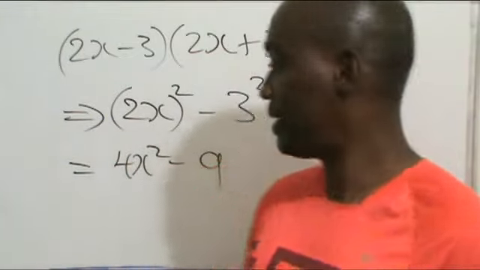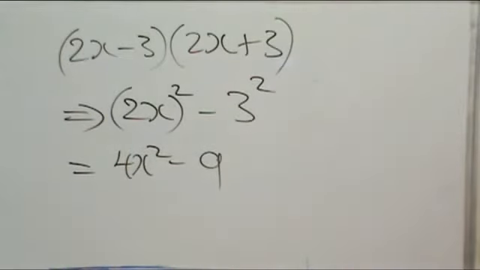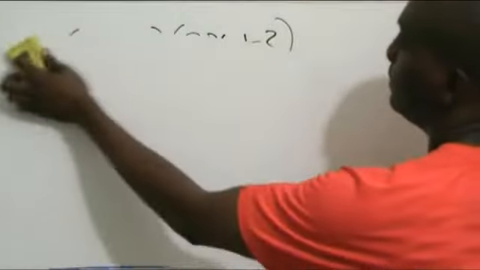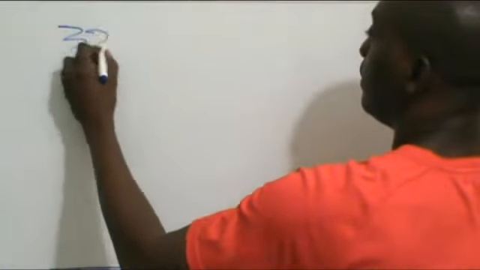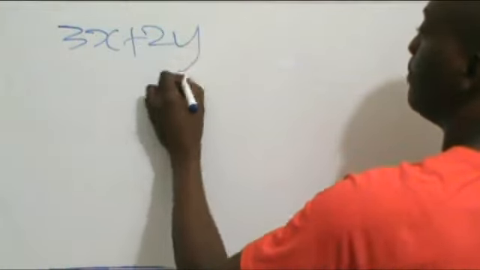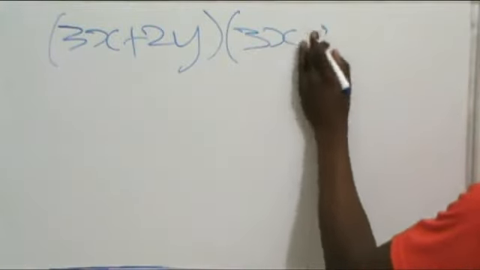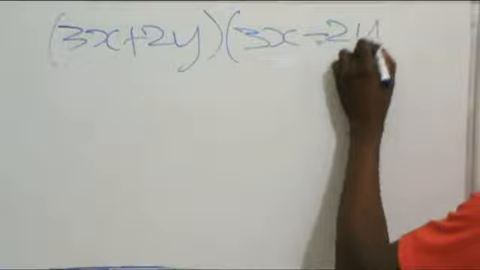Alright? The next one we have, clearing the board again, we have here 3x plus 2y into 3x minus 2y.